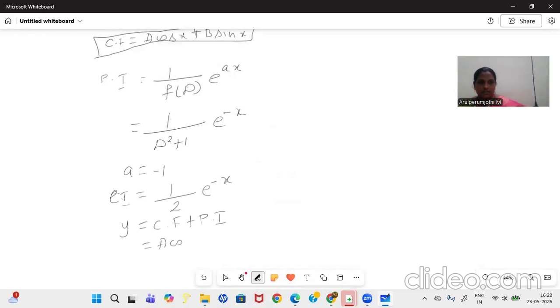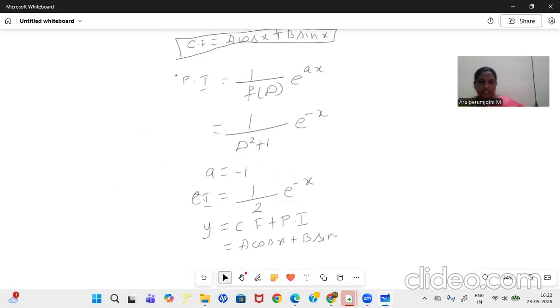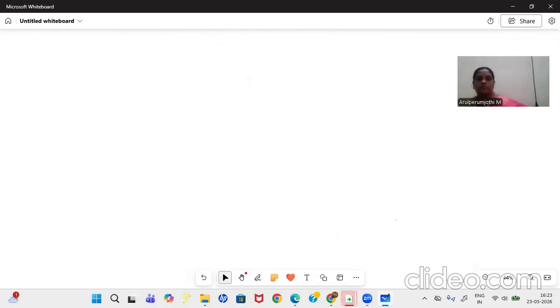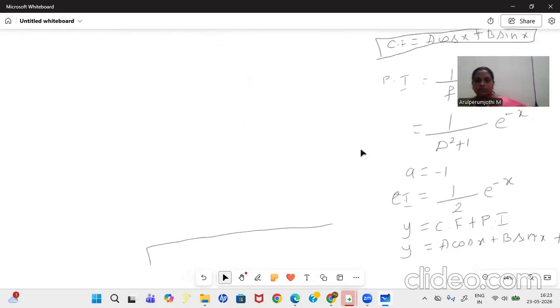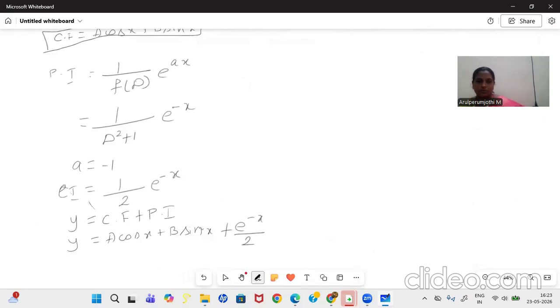So what is your CF? A cos x plus b sin x plus e power minus x divided by 2. Okay, so this is how you have to find the complete solution of type 1.